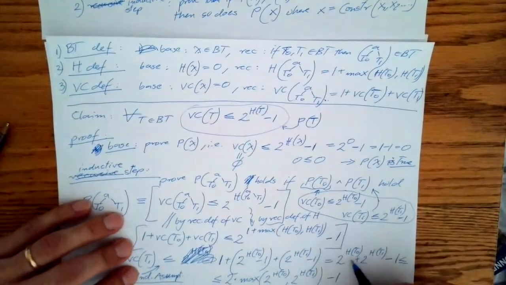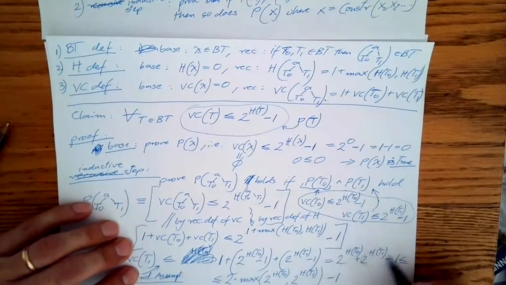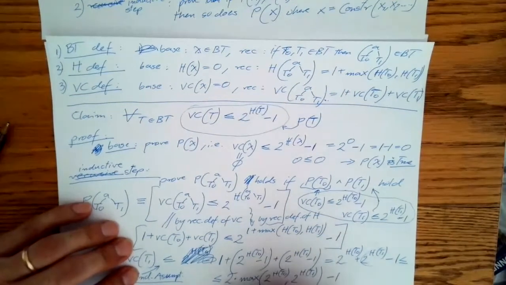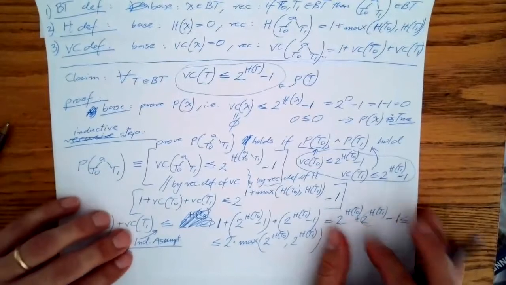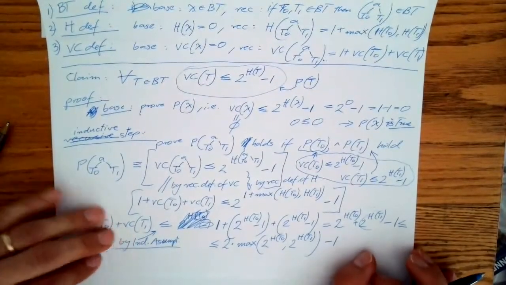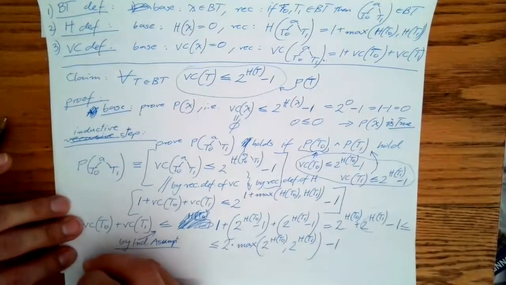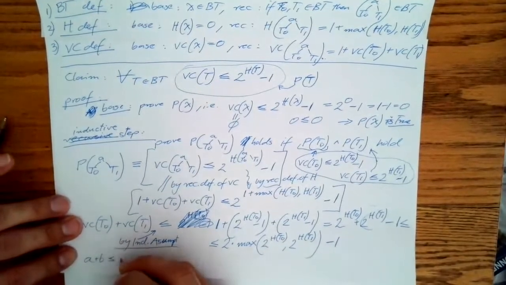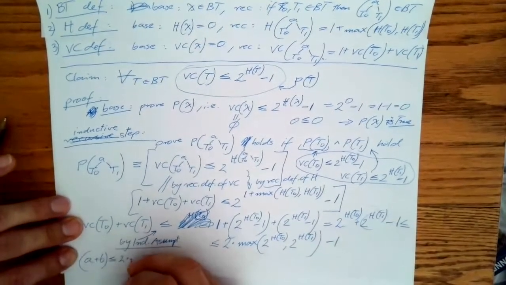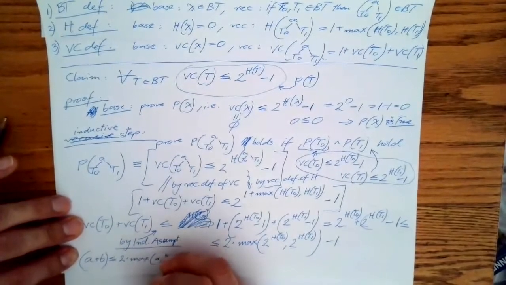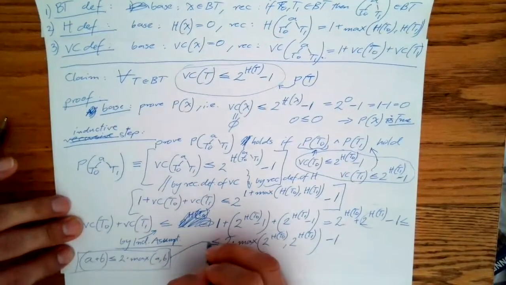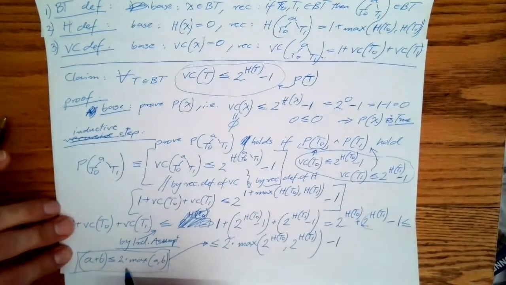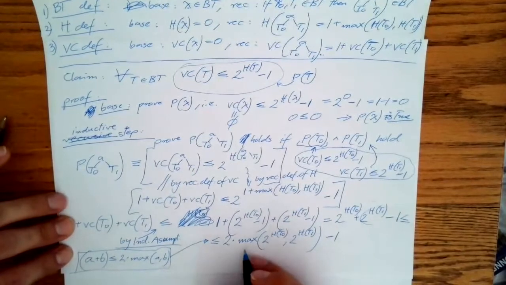Why is that? Think of this as A and this as B. A plus B is upper bounded by twice the maximum of A and B. Yes, it is true, right? That's a simple arithmetic fact that I'm using here.